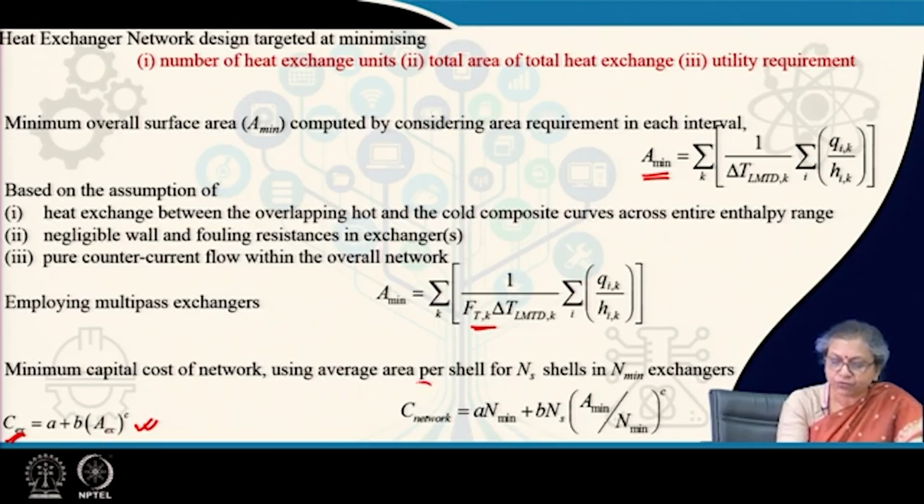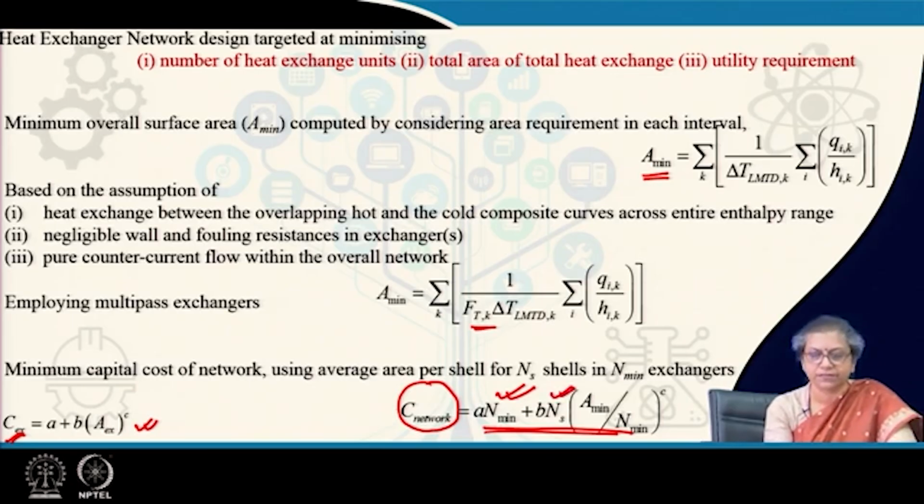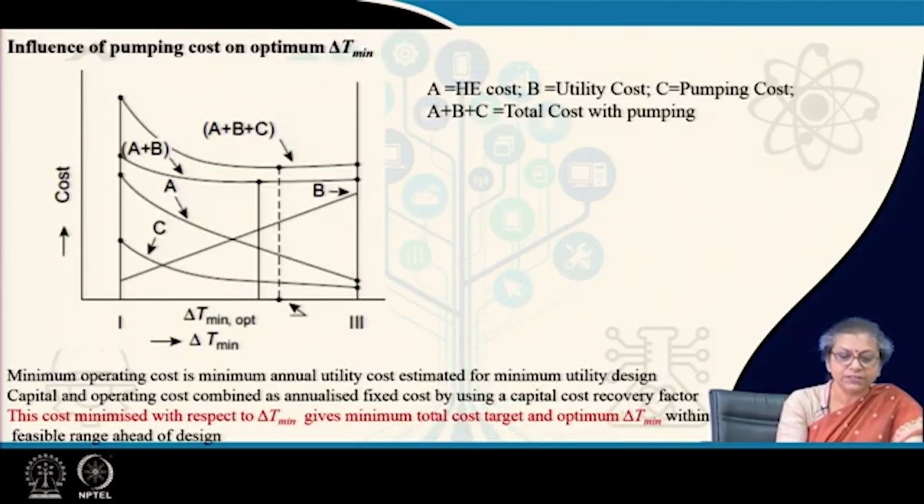So, the total capital cost for the entire network is given by this particular formula for n min number of heat exchangers with say ns number of shells.